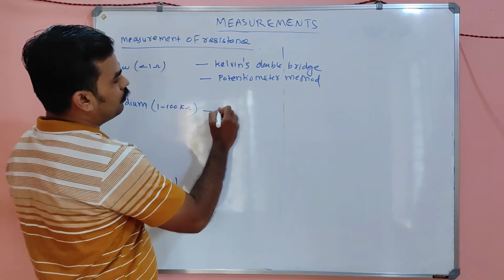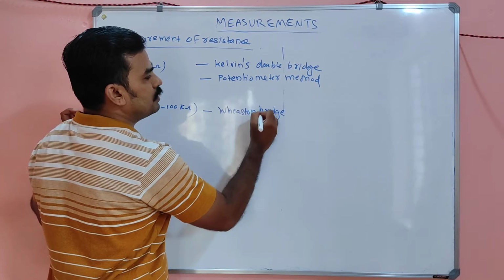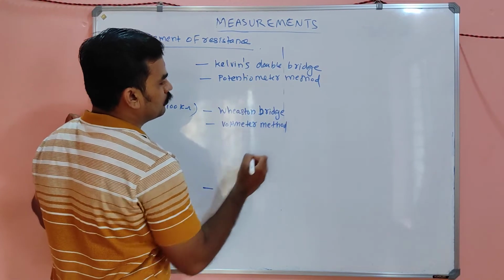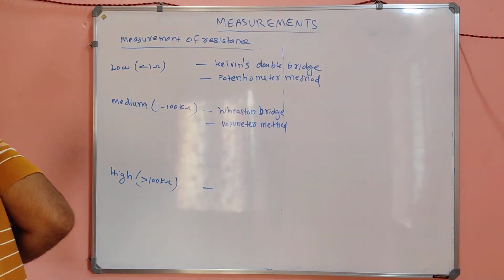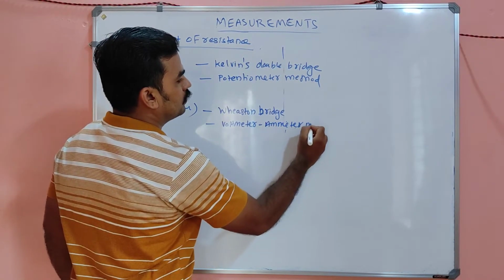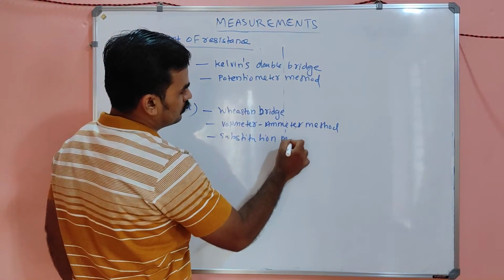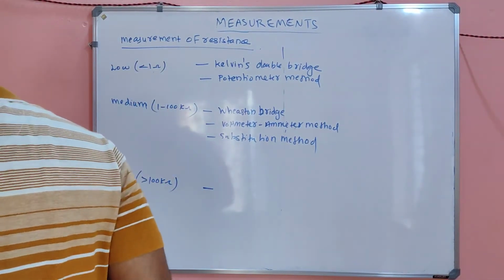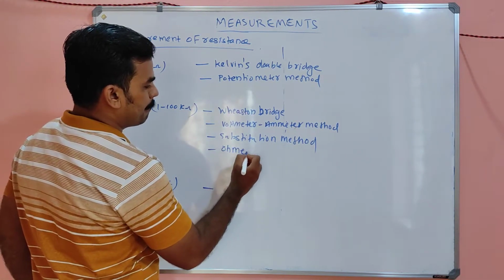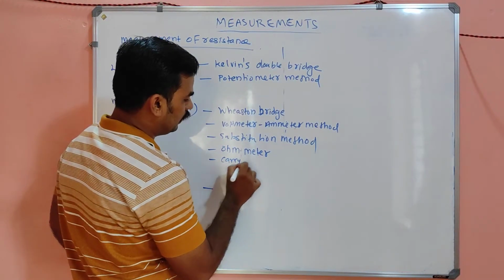For measuring medium resistance, we have Wheatstone bridge, voltmeter-ammeter method, substitution method, ohmmeter, and Carey Foster bridge.